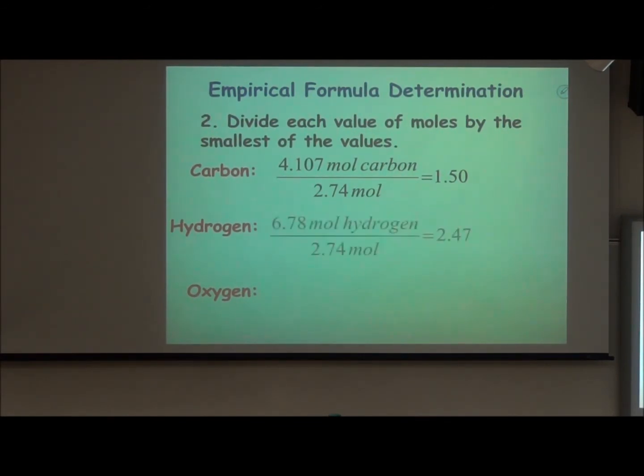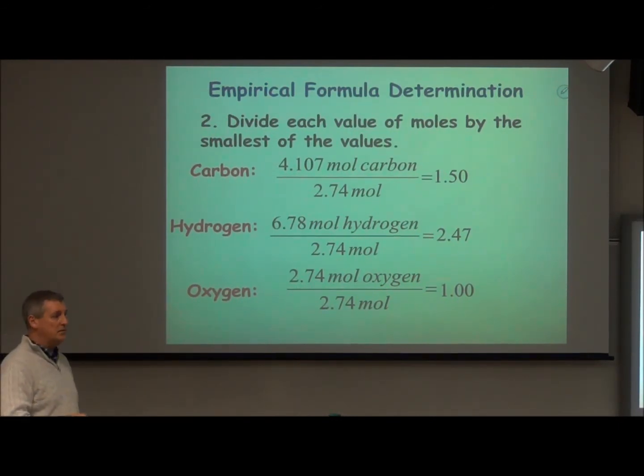We do the same with hydrogen, and we do the same with oxygen. As I said, the smallest one divided by itself is always going to be 1. Everything else is going to be something bigger than that.